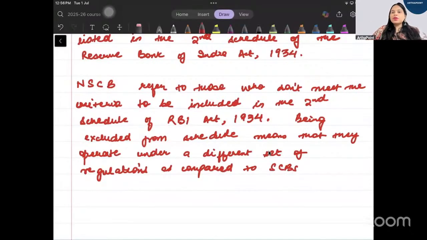So as compared to scheduled commercial banks, they are basically going ahead and they are working with a different set of regulations. Okay? That is why they are called as non-scheduled commercial banks.